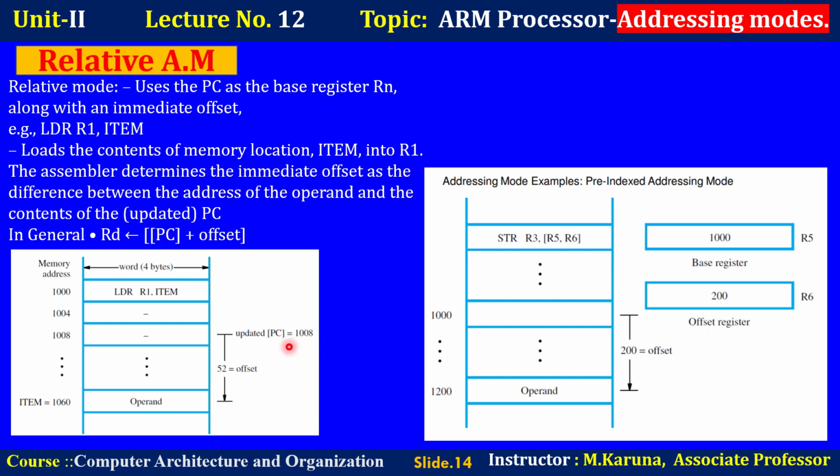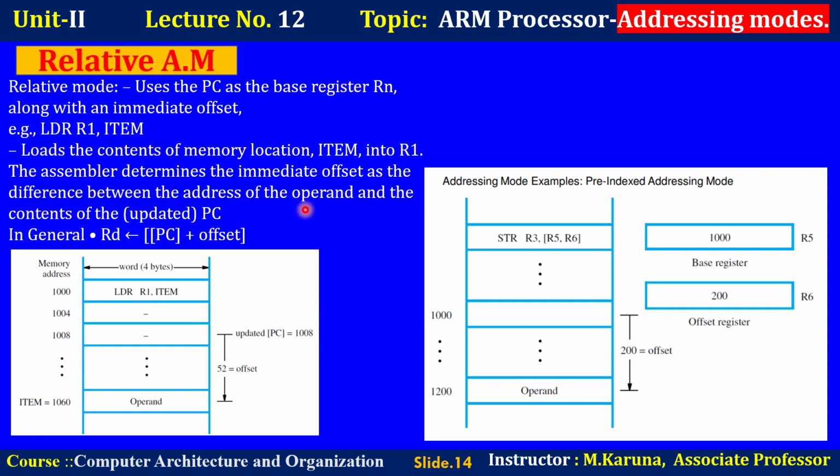So to get the target address item, this offset 52 will be added to the 1008. Then the target address is generated, and whatever operand is present at the target address will be loaded into R1. Data can be accessed with the help of this by updating the PC.